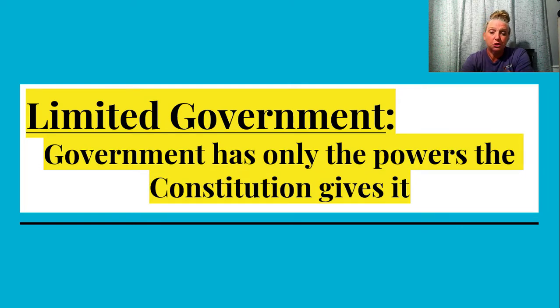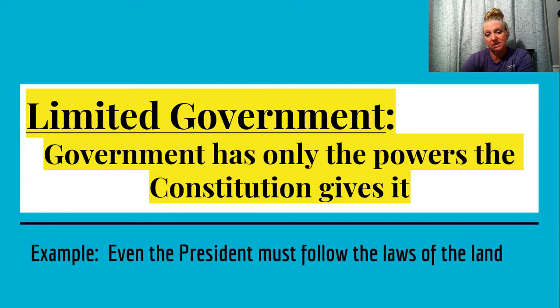Our Constitution limits this. If we were a dictatorship, the government could do whatever they wanted, and it wouldn't matter what was listed in the Constitution or not. But we are a democracy, and our Constitution limits our government. An example of this is that even the president must follow the laws of the land.